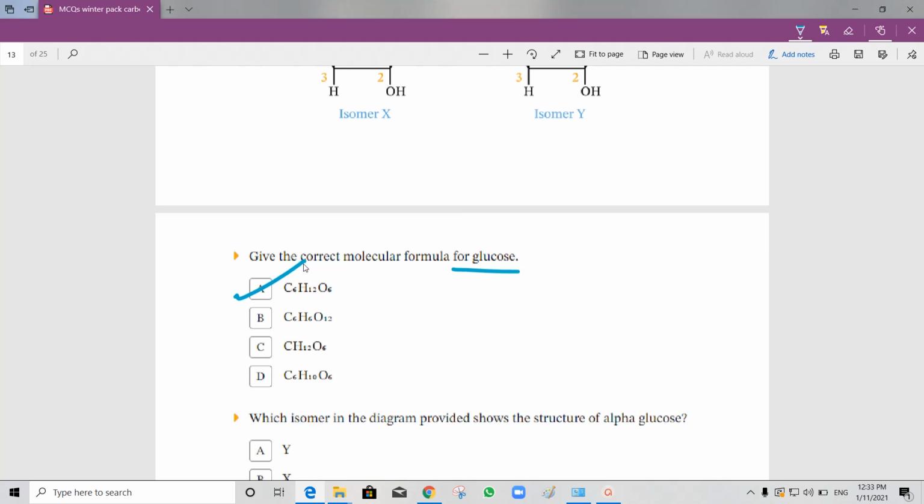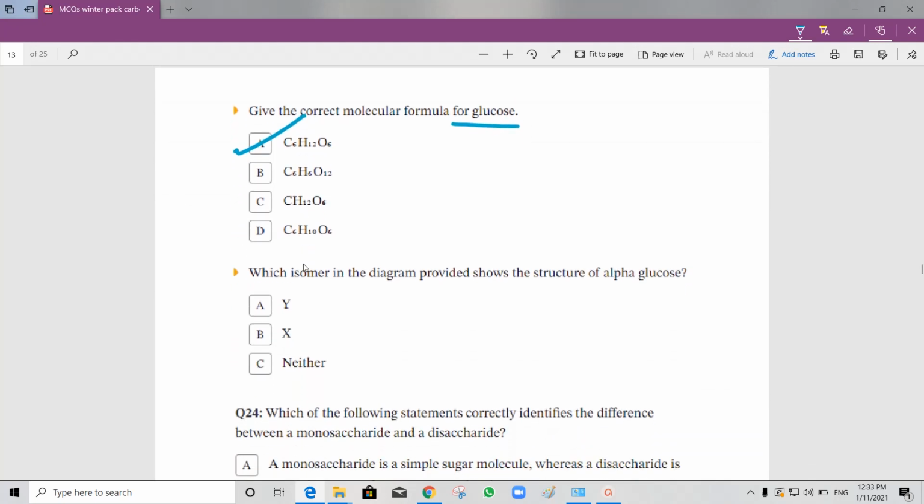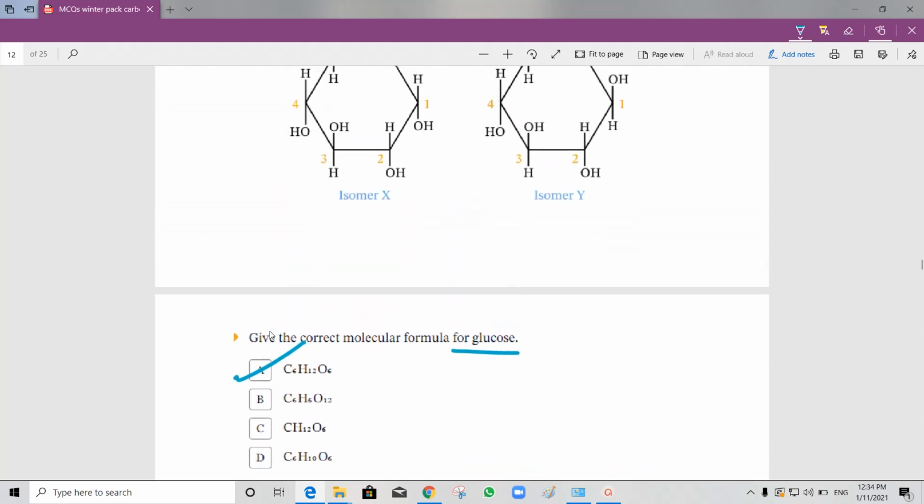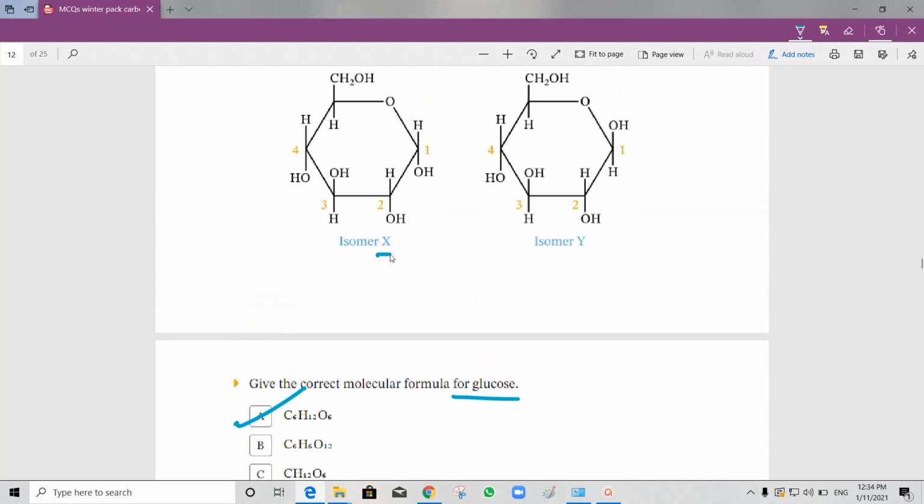Here we will choose which isomer in the diagram provided shows the alpha glucose. I will choose B, which is X. X means this is alpha glucose. And this is beta glucose.